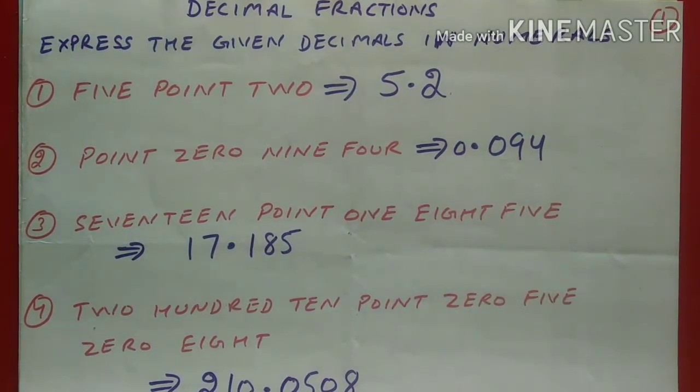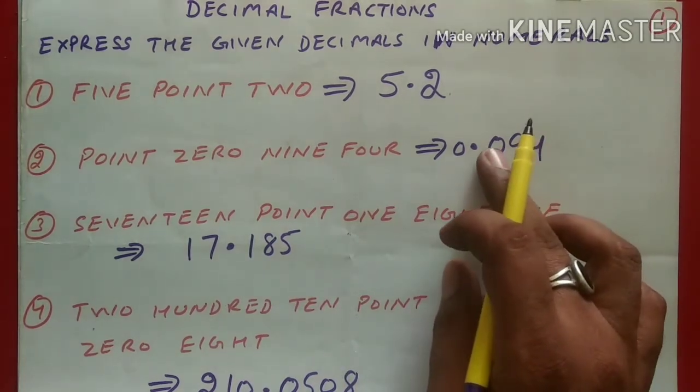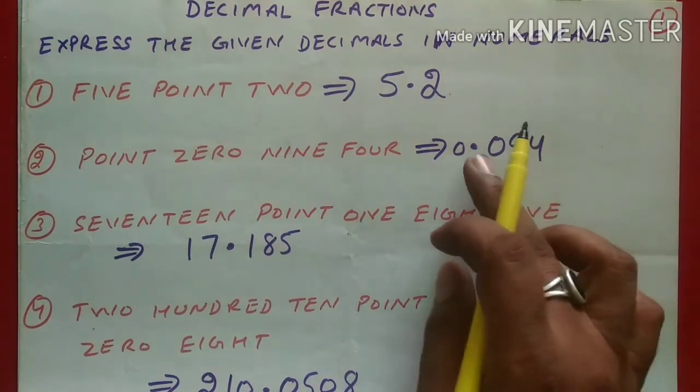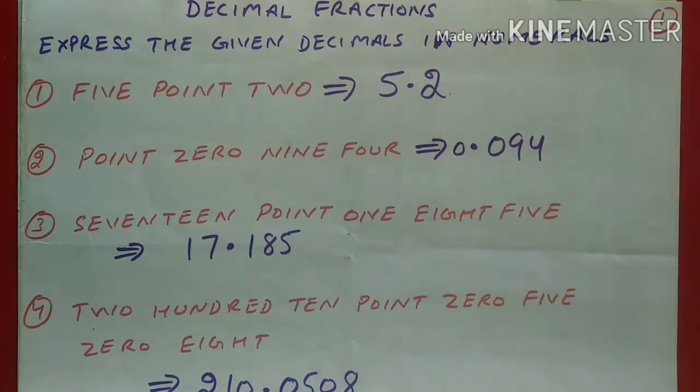So it will be read as thousandths. Why thousandths? Because in thousand there are 3 zeros. After the decimal there are 3 digits, so it will be read as 94 thousandths.